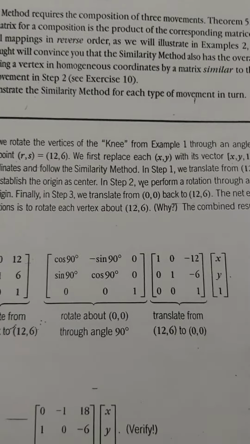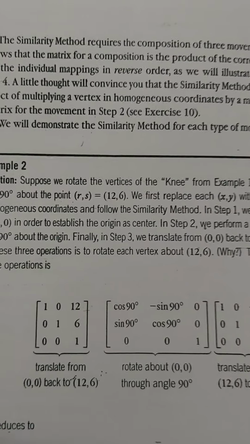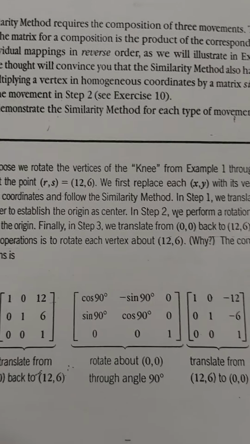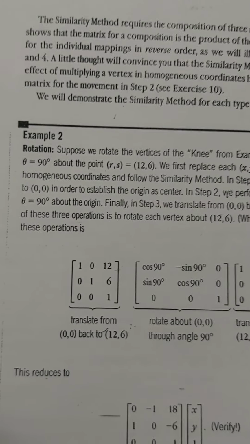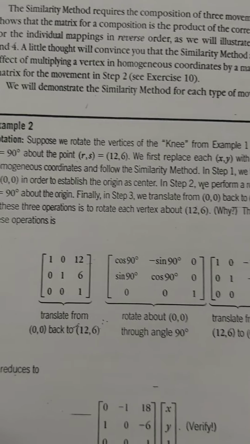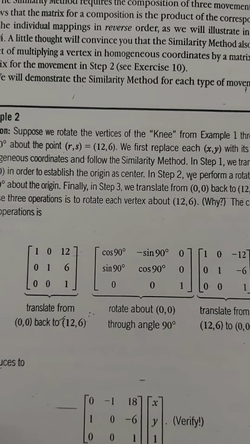In example 2, what we have to do is rotate the vertices of the knee of example 1 through an angle of 90 degrees about the point 12, 6. Clear?